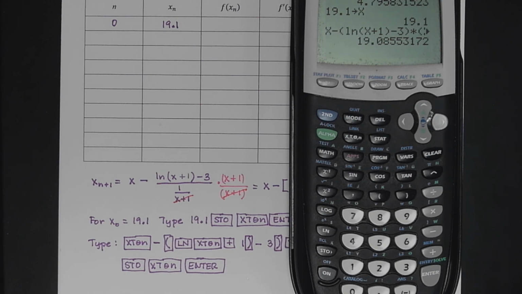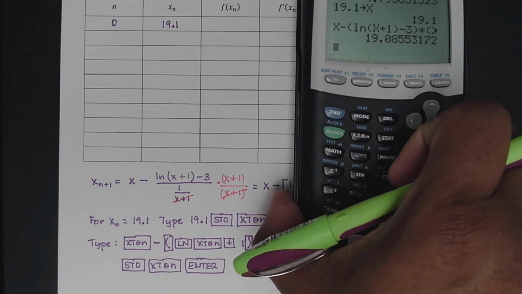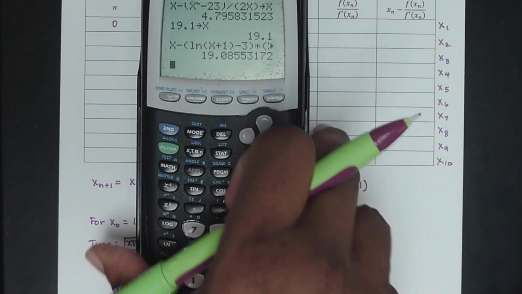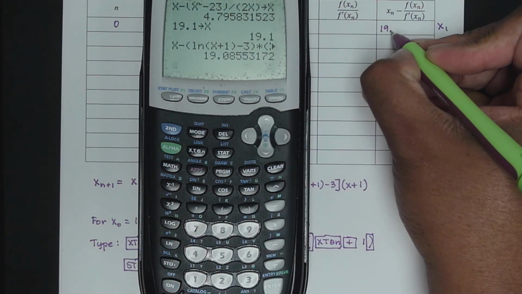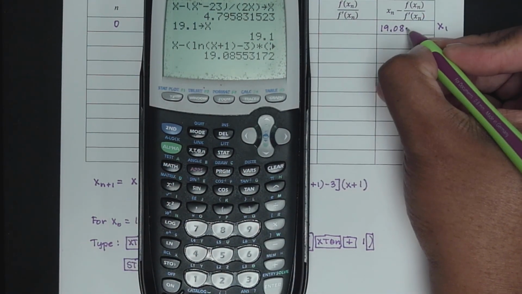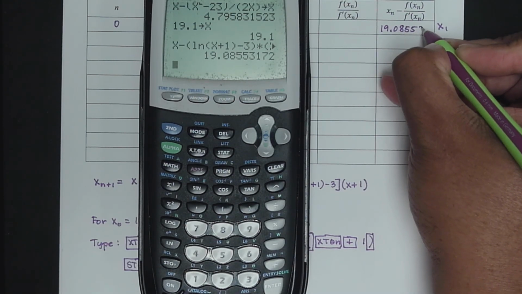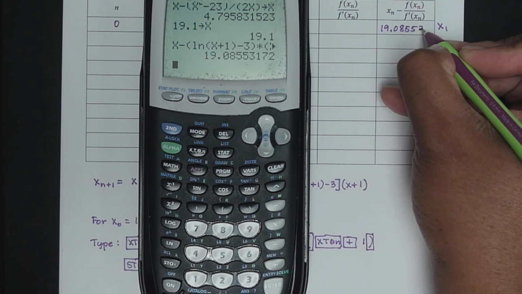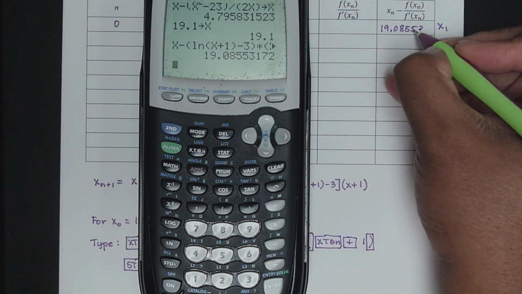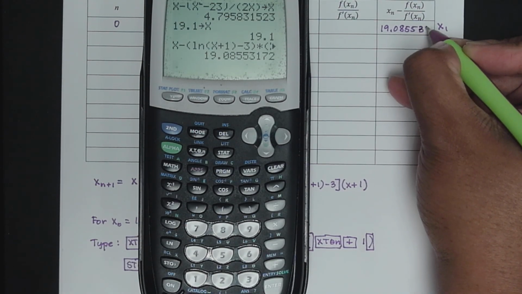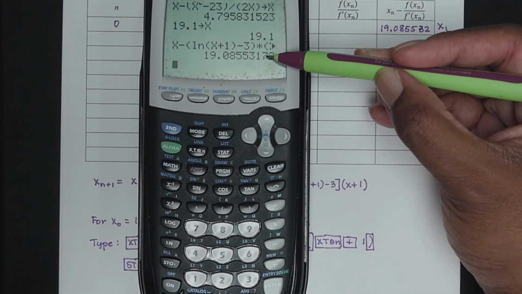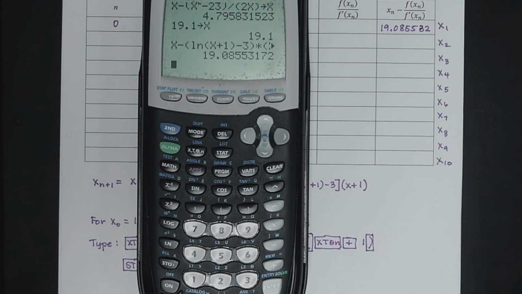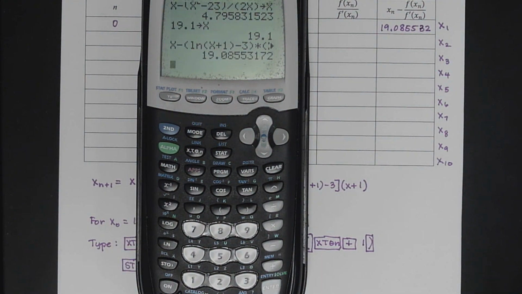So here is the first iteration. Our first approximation will be 19.085532, because the 6th digit is a 1, and the digit to the right of that is 7, so we'll increase that 1 to a 2. That's the first approximation.